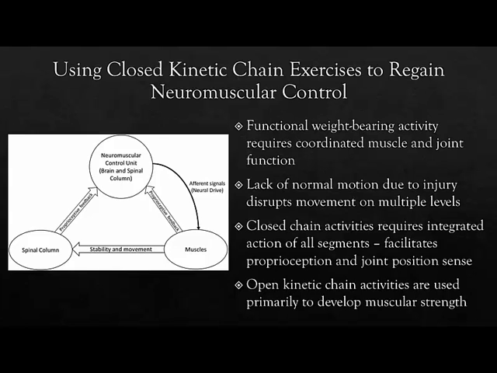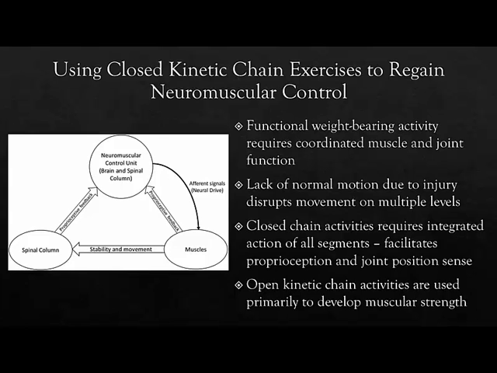Smooth, coordinated movements require consistent integration of receptor, feedback, and control center information. In the lower extremity, a functional weight-bearing activity requires the muscle and joints to work in synchrony and in synergy with one another. For example, taking a single step requires concentric, eccentric, and isometric muscle contractions to produce supination and pronation in the foot, ankle dorsiflexion and plantar flexion, knee flexion, extension, and rotation, and hip flexion, extension, and rotation.